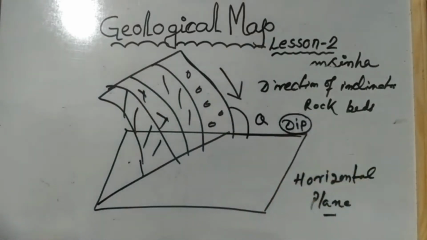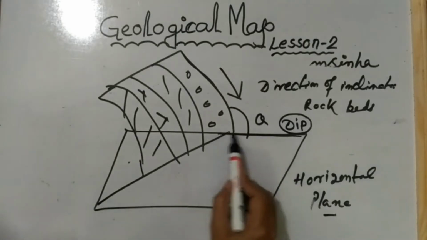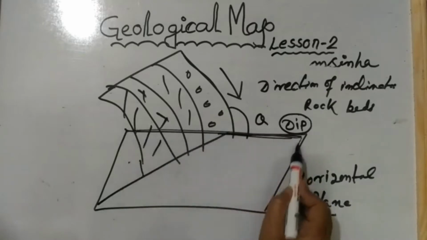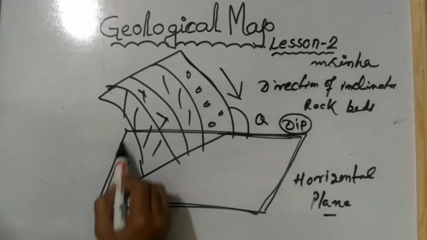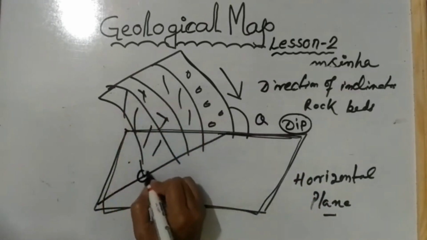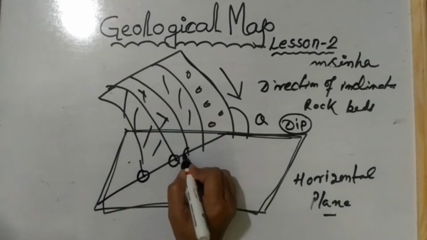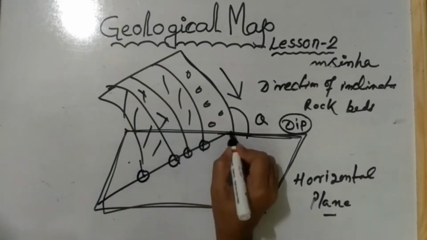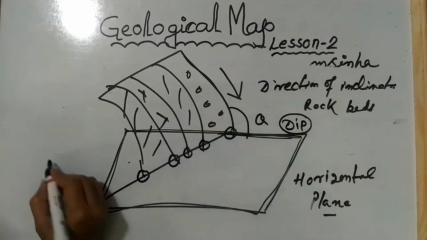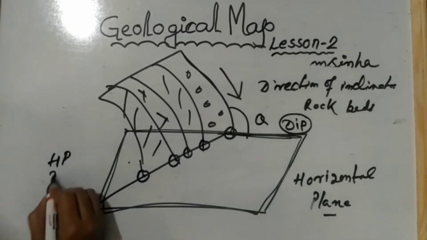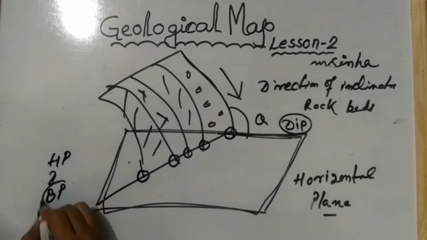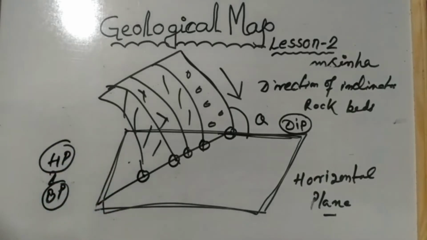What is the strike? Strike is the intersecting line between the bedding plane and the horizontal plane. This is the horizontal plane, and these points are the intersecting points of the horizontal plane and the bedding plane.